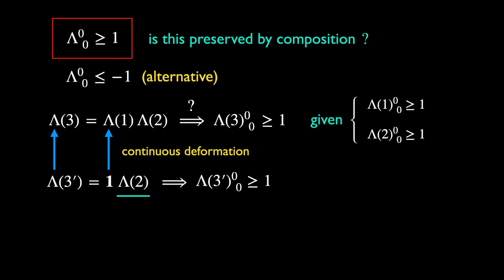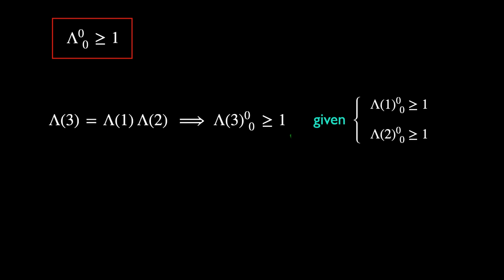This means the 0,0 component of lambda 3 would also be greater or equal to 1, since it must be a continuous function of its parameters and could not jump discontinuously to the range less than or equal to -1. So the first property of a proper Lorentz transformation must be preserved by composition.